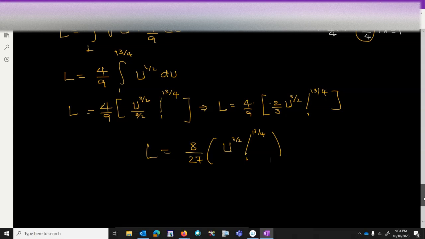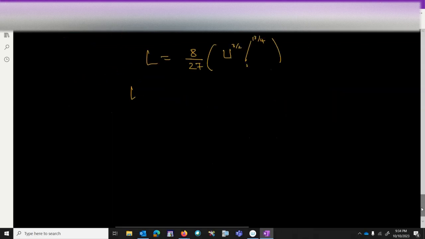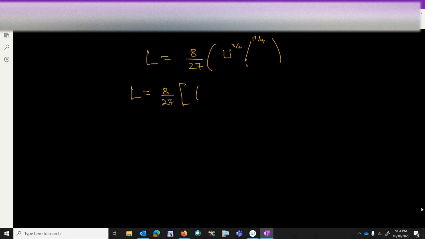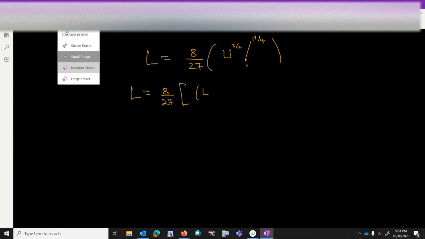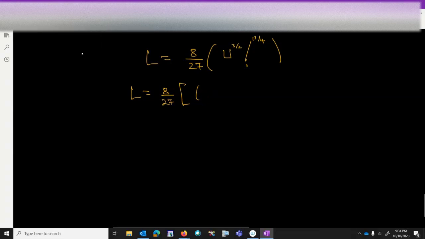So finally, I'm about to finish. L is equal to 8 over 27 times u to the power of 3 over 2. Instead of u, now I can substitute my limits of integration: upper limit minus lower limit, which is 13 over 4 to the power of 3 over 2, minus 1 to the power of 3 over 2.